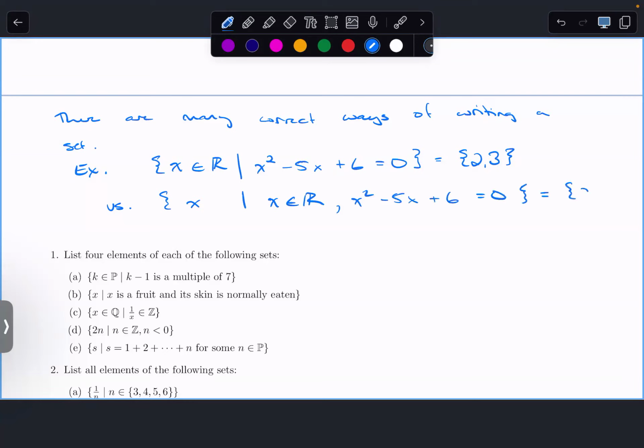This is also the set of 2, 3. I like to have all my criteria on the one side, but sometimes it's just a little cleaner to move it on the other side. These are both equally correct. So we have to be a little bit flexible, right? But the more that we see and use and write, the more flexible we'll become.